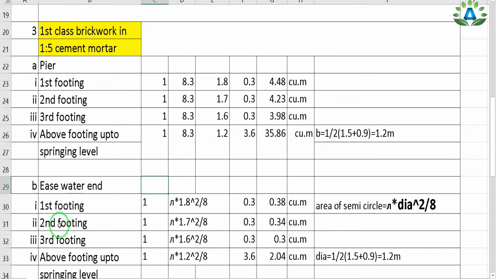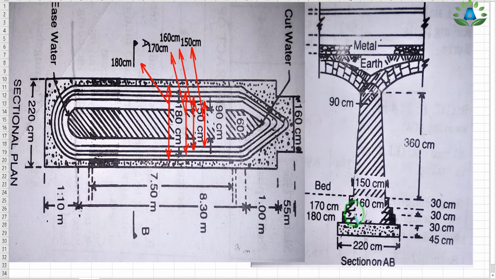Now our next step is to calculate this second footing, and here also we have to use the same formula, that is pi into d square by 8, and we need to calculate this diameter. So this is our second footing, and we have the second footing on this side also, and it has a width of 170 centimeter. So this diameter is equal to 170 centimeter.